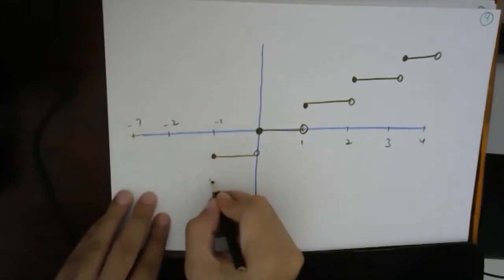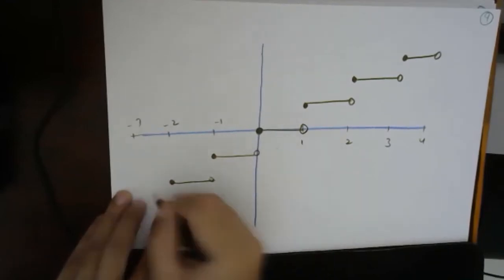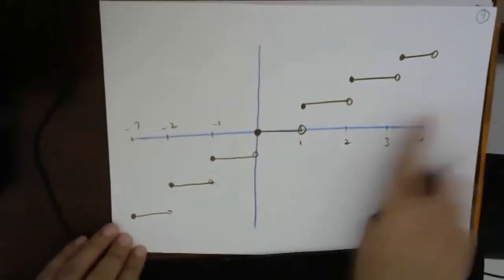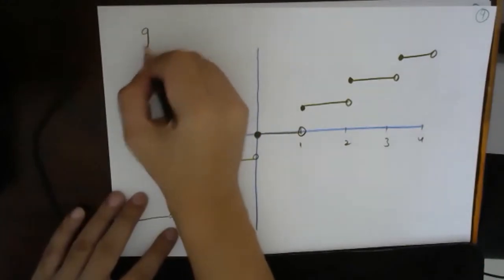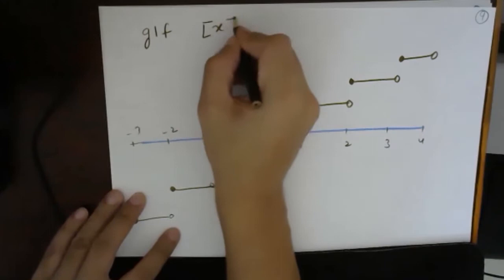So this is the graph for the greatest integer function, also known as GIF, represented by this.